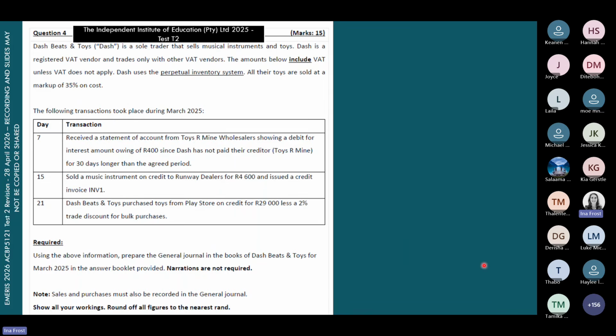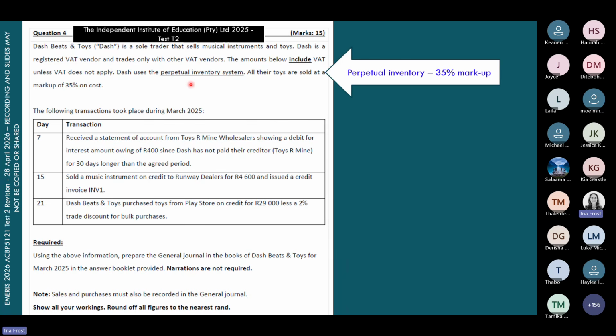So remember, oh, there's so many things. I keep saying remember, but when you start a question, then as we said in Learning Unit 6, the first thing to check is which inventory system is being used in the question, because that will have an impact on some of your general journal entries.